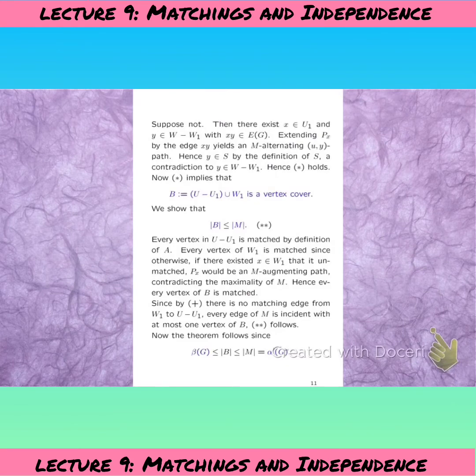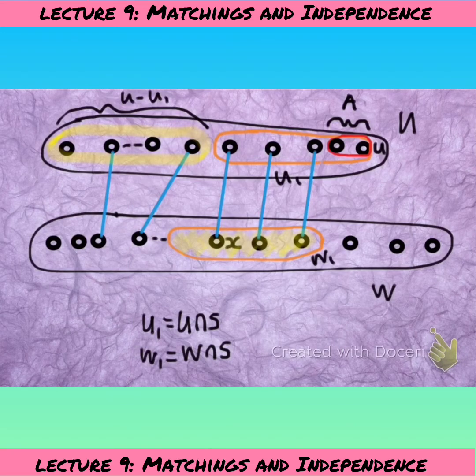Okay, so now we define the set B. The set B is the set of vertices in U minus U1 together with W1. This set is the one colored in yellow. Now we claim that this set is in fact a vertex cover.